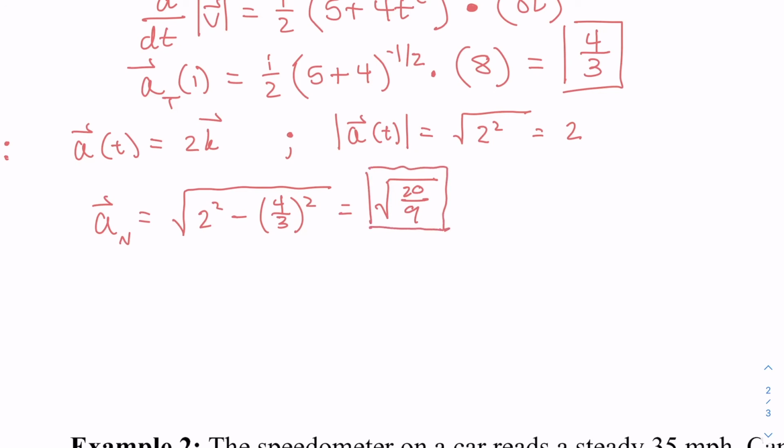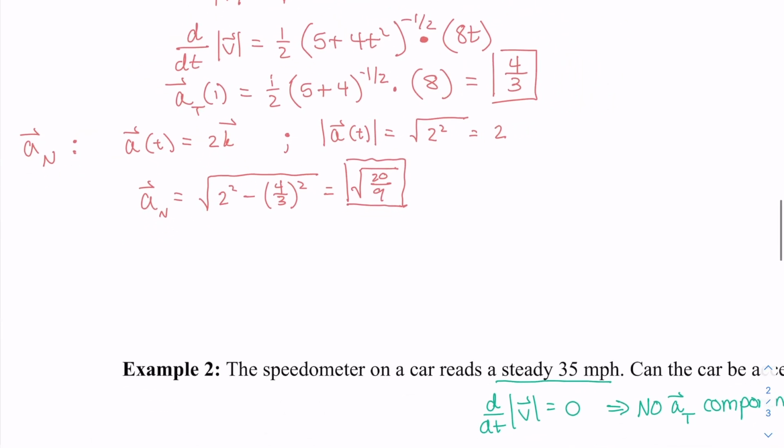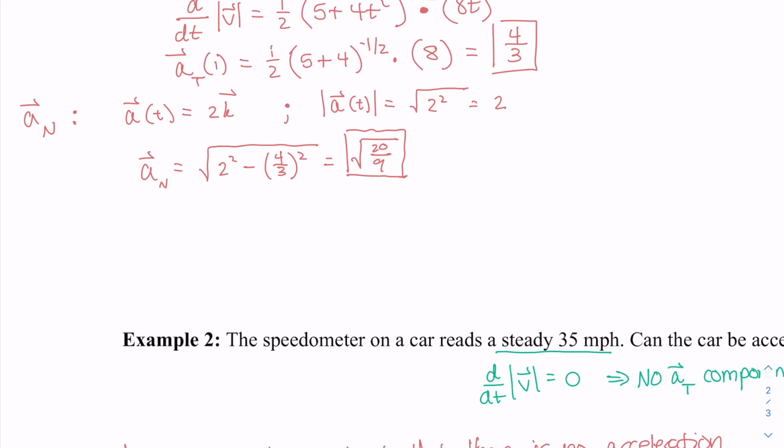And so now we can take these two and write acceleration in component form. So now we know that acceleration evaluated at t equals 1 is equal to 4/3 in the tangential direction plus the square root of 20/9 in the normal direction. And so this is really great because we don't actually have to find the specific unit tangent and unit normal vectors. We just need to put those on as the direction vectors.